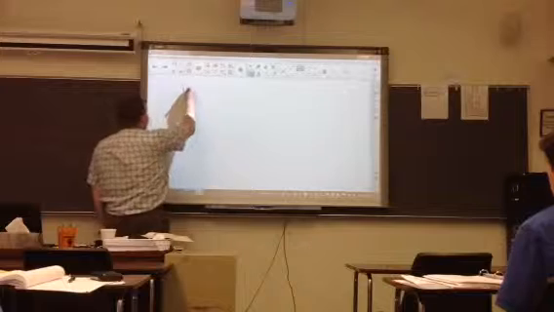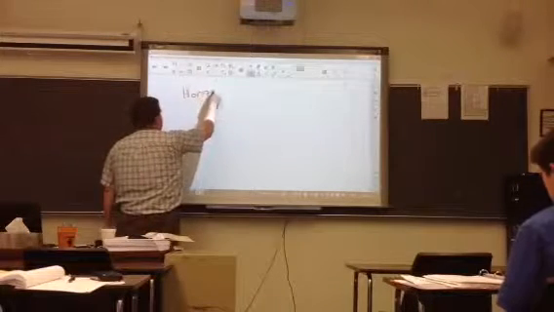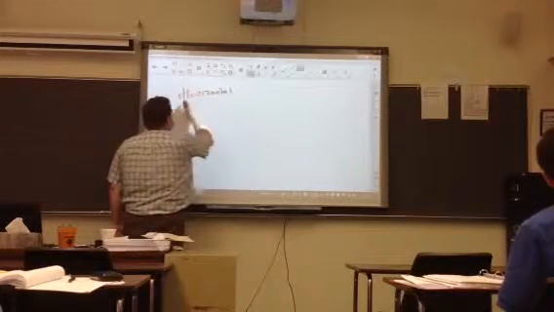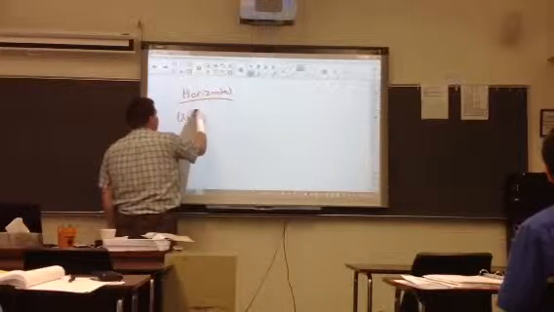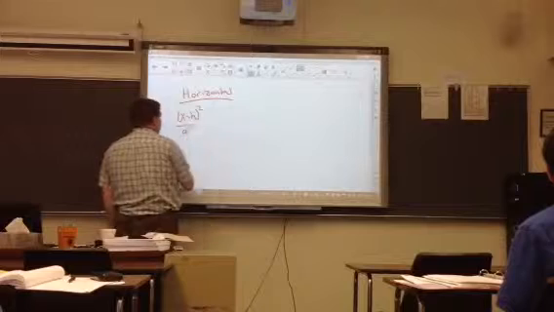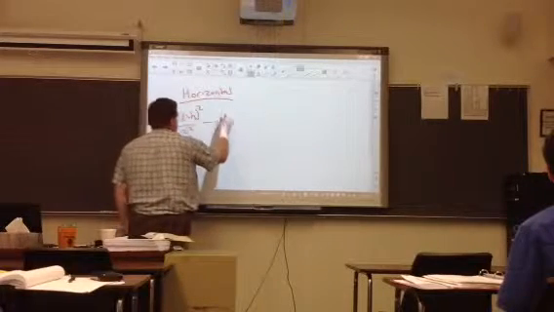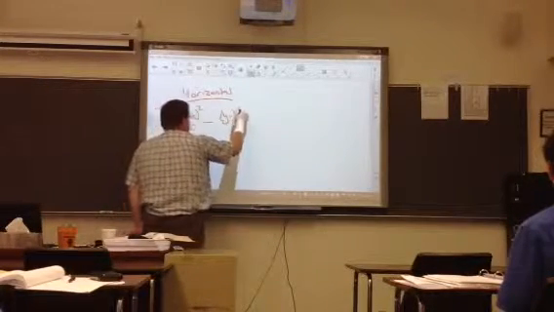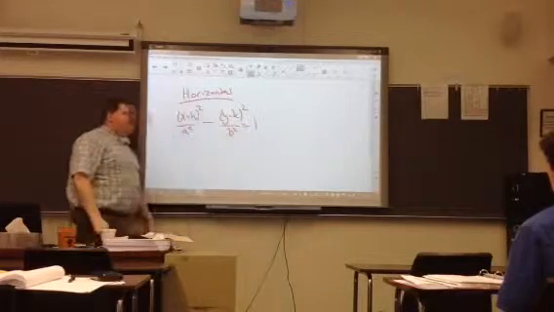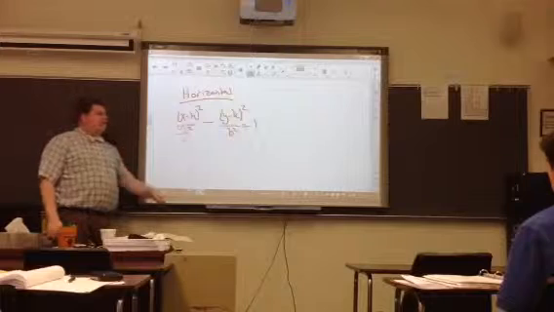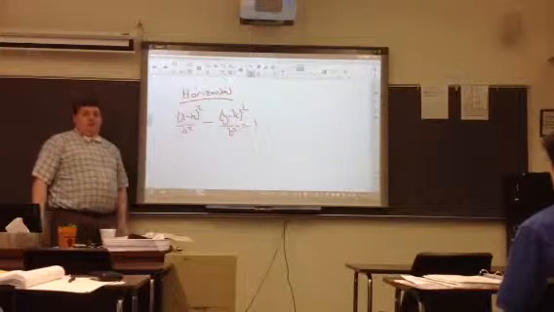For horizontal ones, the equation is going to be x minus h squared over a squared minus y minus k squared over b squared equals 1. It looks exactly like an ellipse, except that's a minus instead of a plus.